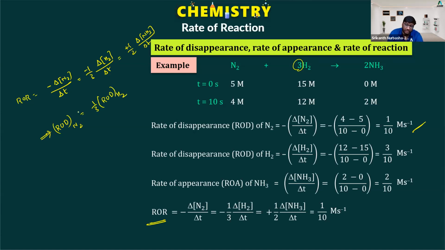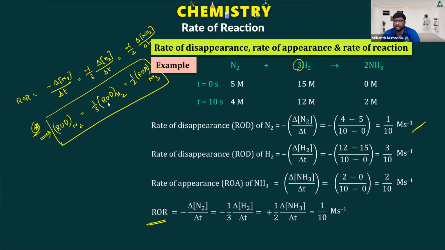Rate of reaction is equal to 1/3 of rate of disappearance of H2, that is equal to plus delta concentration of NH3 by delta t, that is half of rate of appearance of NH3. So whenever the rate of appearance or disappearance are given to you, you can actually relate one quantity with the other or not? Yes or no? Yes, sir.